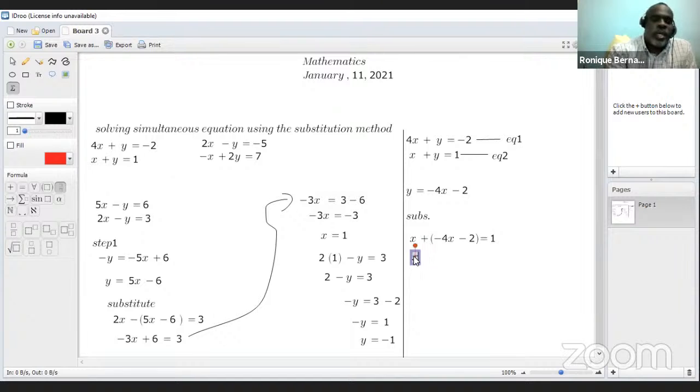Alright, so x then, plus. Please bear in mind, once you have a bracket, some multiplication is taking place here. And it is assumed that where there's no number, there's an imaginary one. So 1 is supposed to be there. And 1 times anything is the same thing, right? 1 times 2 is 2, 1 times 3 is 3, 1 times 4 is 4. So therefore, we have minus 4x.